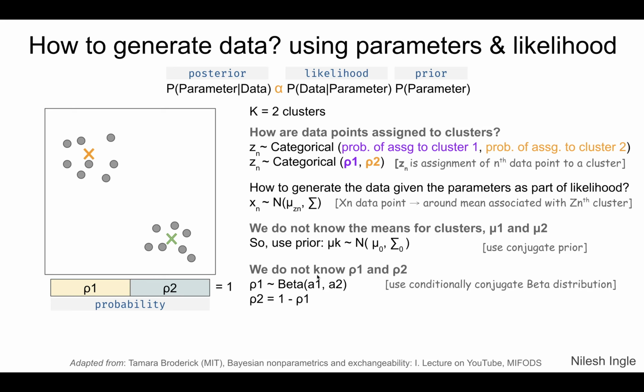Secondly, what we do not know are the probability values row 1 and row 2, and we can get those values from the beta distribution.